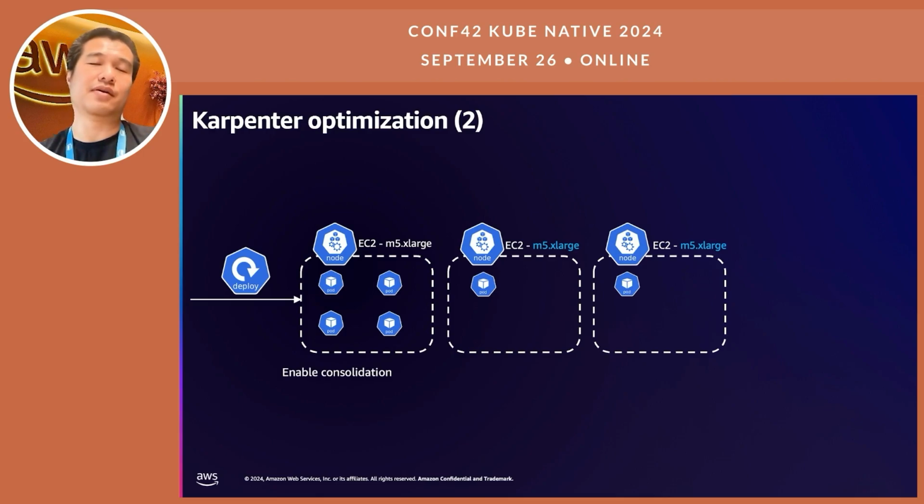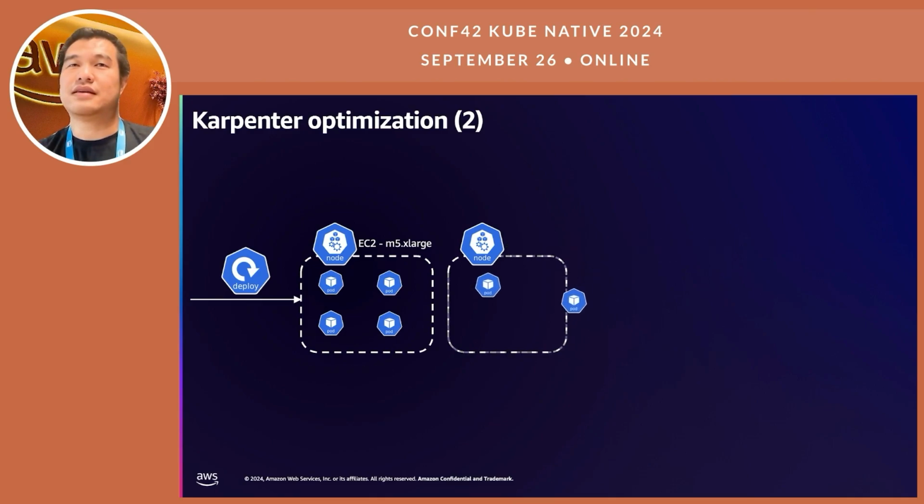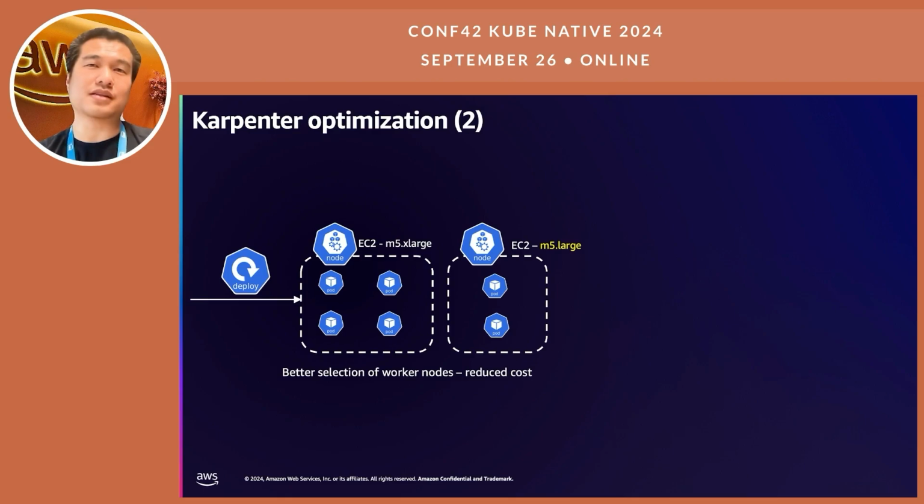And when you enable the consolidation, it will try to find a node that fits these 2 pods and spin that up and try to drain these 2 pods to a new instance to save you some cost. Let's see. Here it will group together those 2 pods, and then it will move to the new instance, which is M5 large. So it will reduce the overall cost of the cluster. Yeah, you can see that we solved all of the 3 challenges that I presented back then.